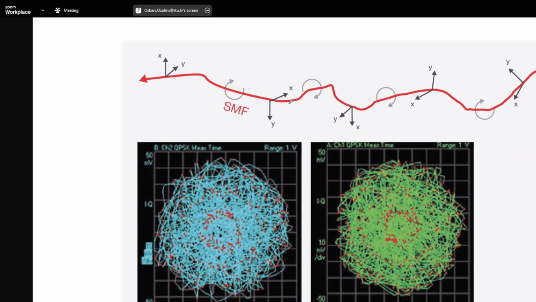This approach, at first, we thought, okay, there are a lot of changes in polarization in the fiber, we cannot transmit the signal through without doing this equalization, so this is nothing useful. But apparently, this is quite useful data, even though it looks like a point cloud and just noise. So things can be done by analyzing this signal. Right.